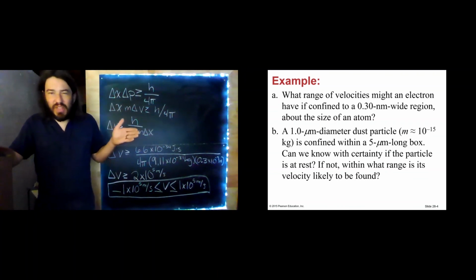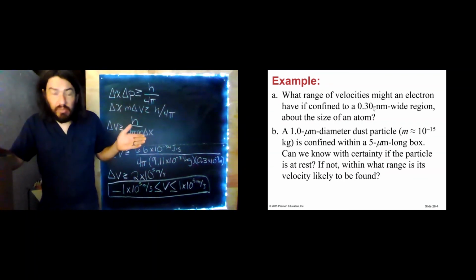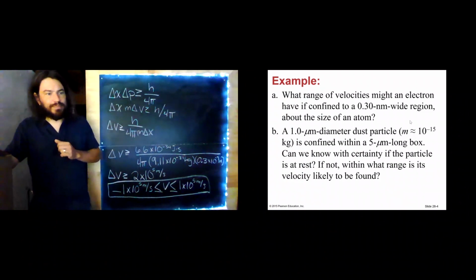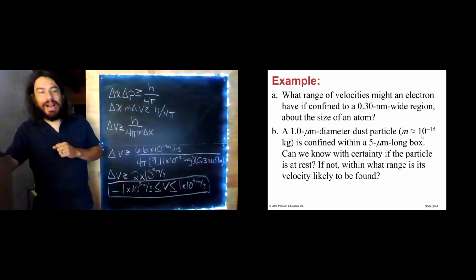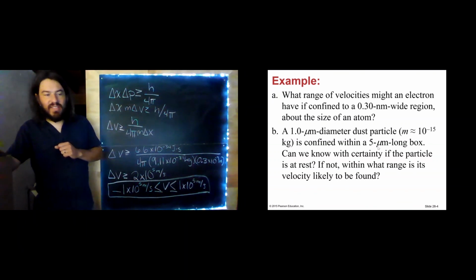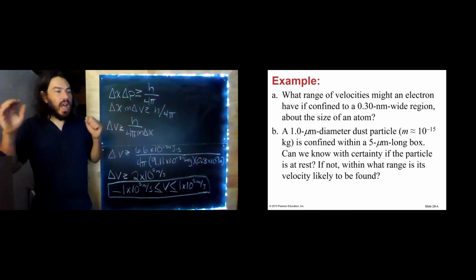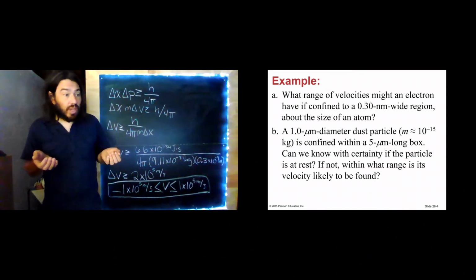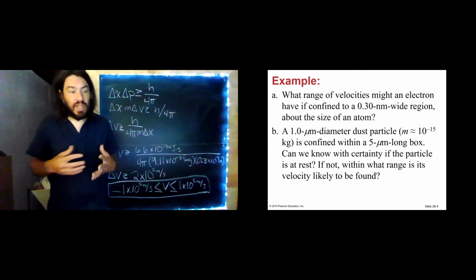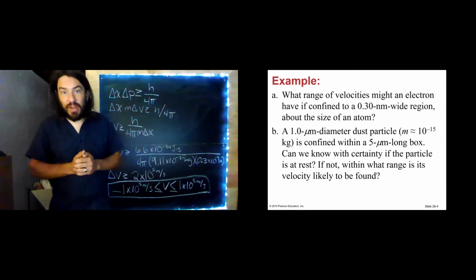So very small, but nothing like 0.3 nanometers, not nearly that small. So this is a dust particle with a mass of about 10 to the negative 15th kilograms, and we confine this to a 5 micrometer long box. What can we say about this? Can we say with certainty if the particle is at rest or not? Or if not, what range of velocities are likely to be found?